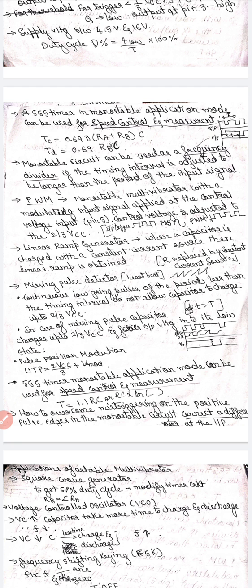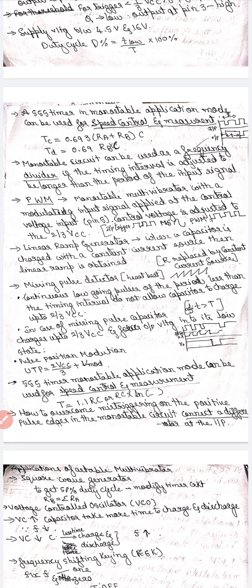can be used as a frequency divider if the timing interval is adjusted to be longer than the period of the input signal. So a monostable circuit can be used as a frequency divider.